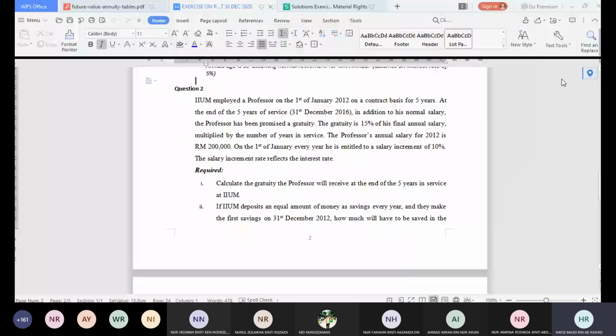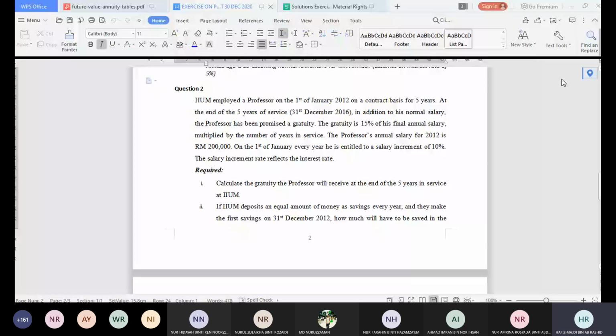For example, here I put: IIUM employed a professor on a contract basis for 5 years. At the end of the 5-year contract, the professor has been promised a gratuity. Gratuity is a lump sum payment upon retirement.